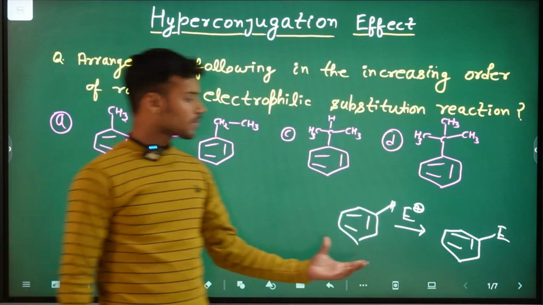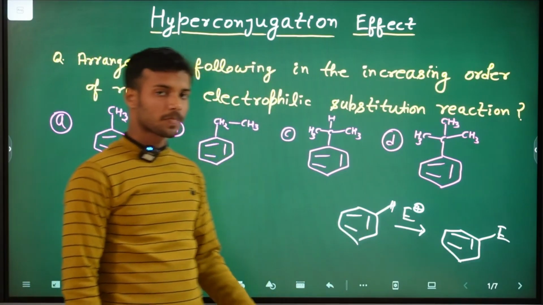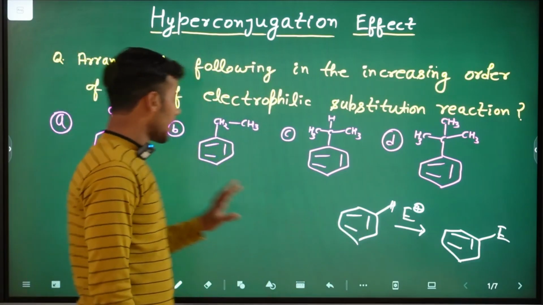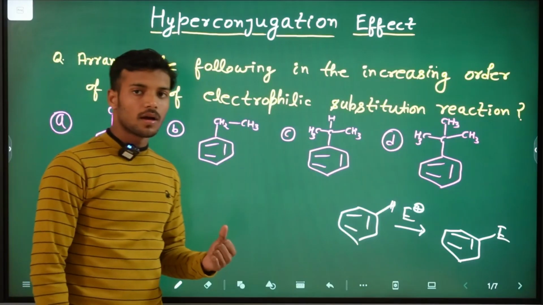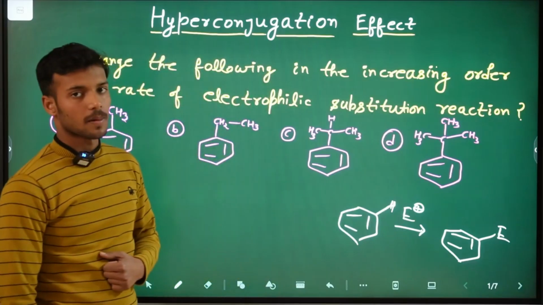We are not going to discuss the mechanism of electrophilic substitution reaction. So, the higher the electron density in the ring, the higher will be the rate of electrophilic substitution reaction.